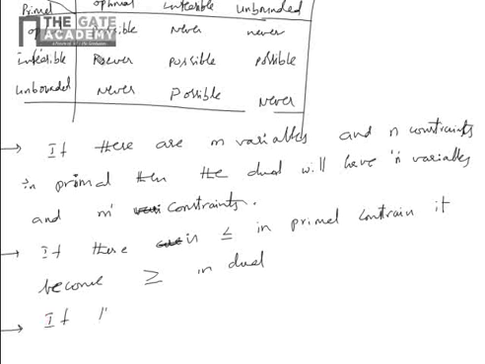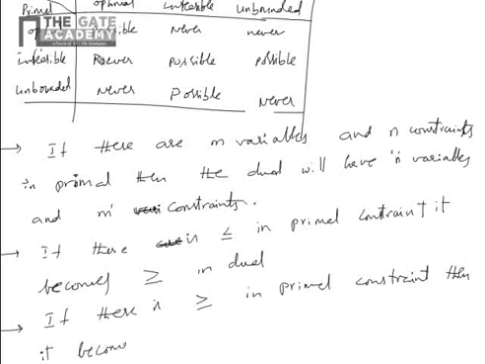Vice versa, if there is a greater than or equal to sign in a primal constraint, then it becomes a less than or equal to sign in the dual.